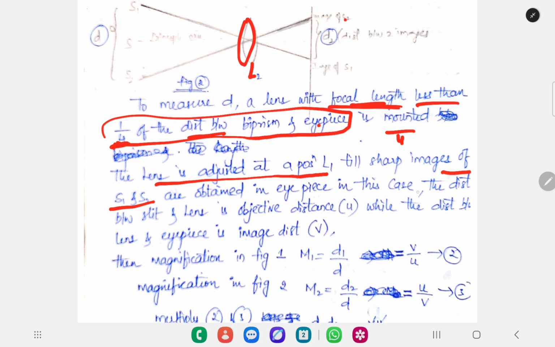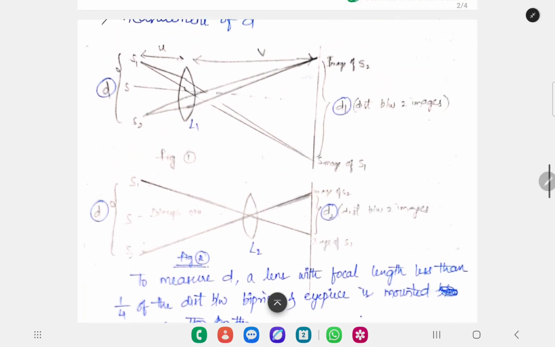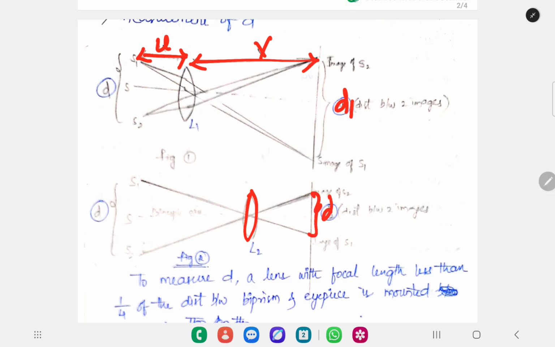In this case the distance between slit and lens is the object distance U, and lens and screen is V. We got d1. After moving a certain distance, again we get sharp images, so we have found d2 also. We know U, V, d1 and d2 now.